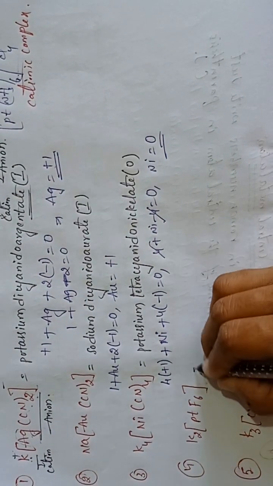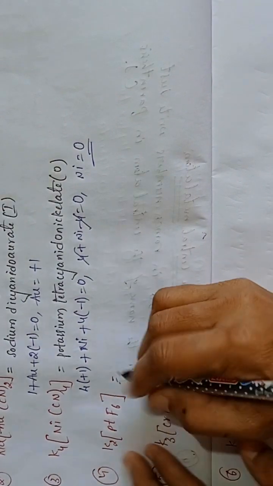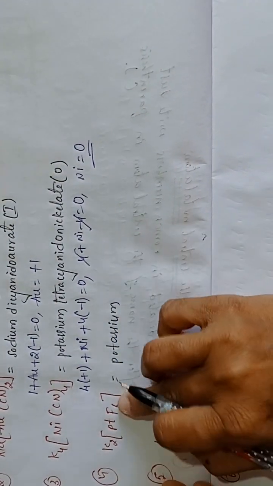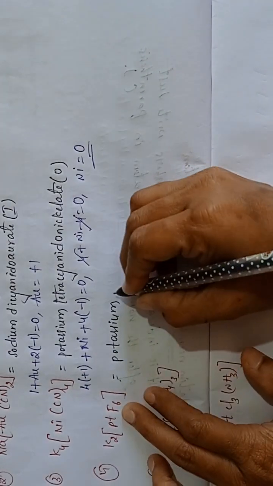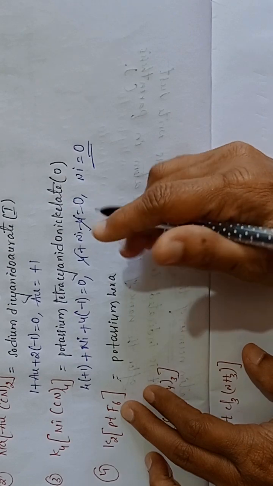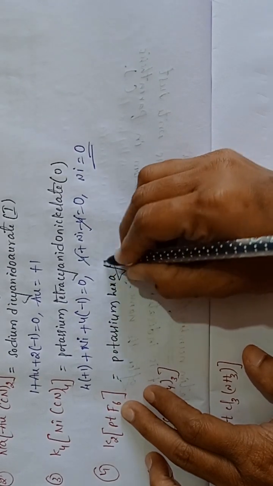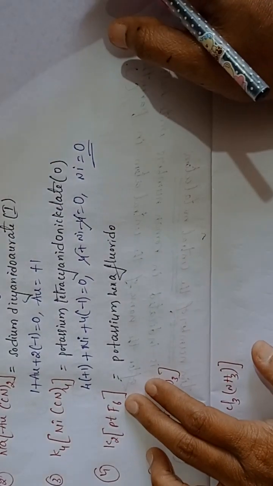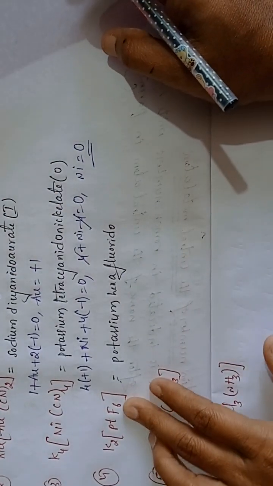Now see the fourth example, students. Here, the fourth one, potassium. 6 fluorines are there. 6 fluorines means hexa. F means what, students? What should we write? Fluorido. Clear? Fluorido. 6 means the number of ligands, 6, what is the prefix?